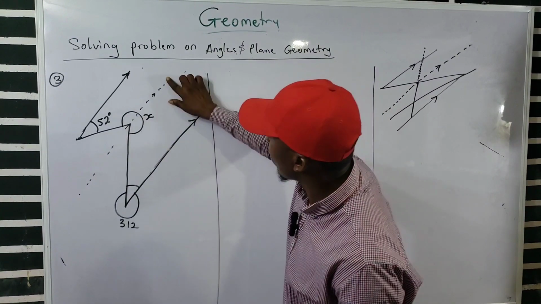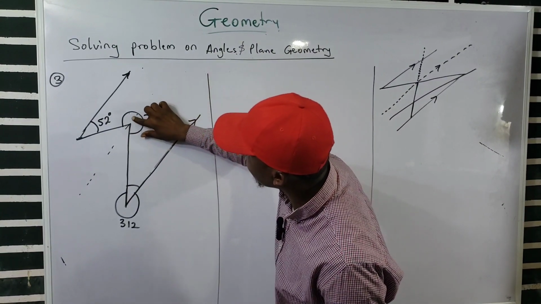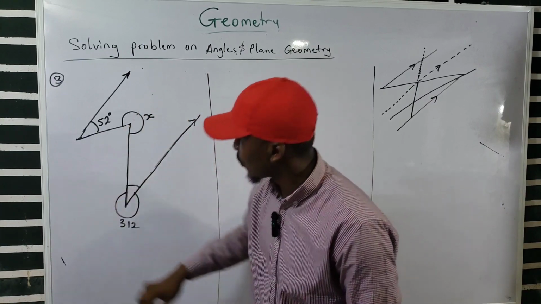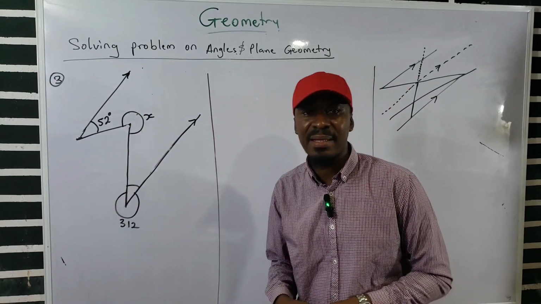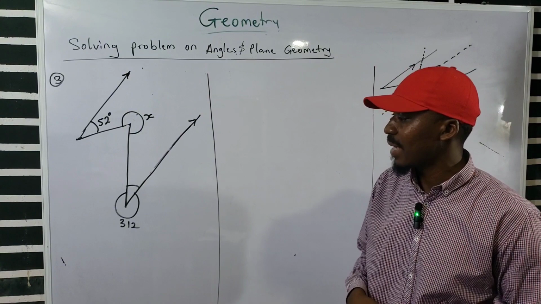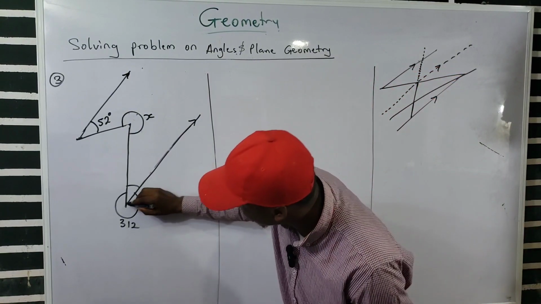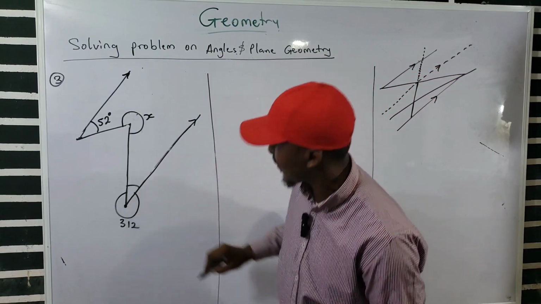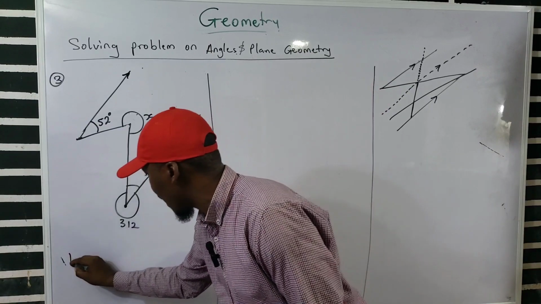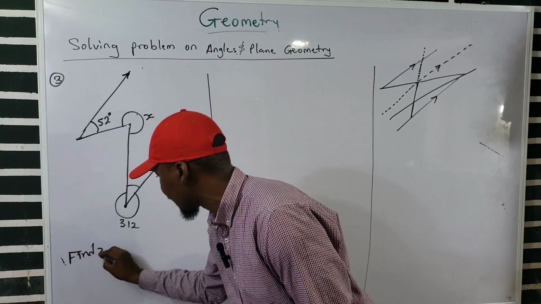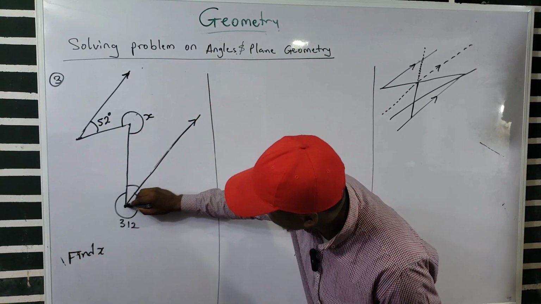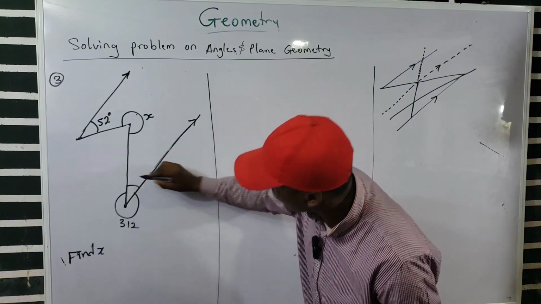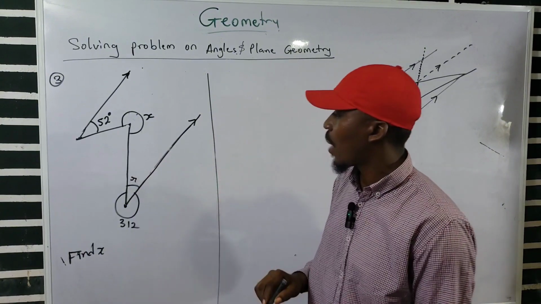So this problem, I'm not going to produce a new line. Rather, what I'm going to do is extend my existing line. First of all, I can see an angle at a point here. They are asking us to find x. So let me call this point here y.